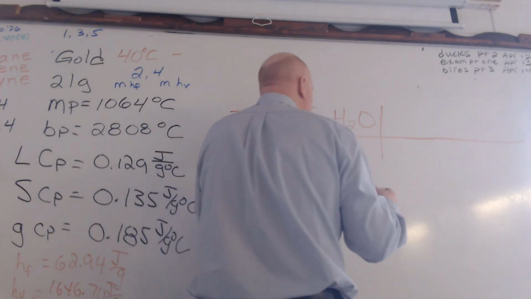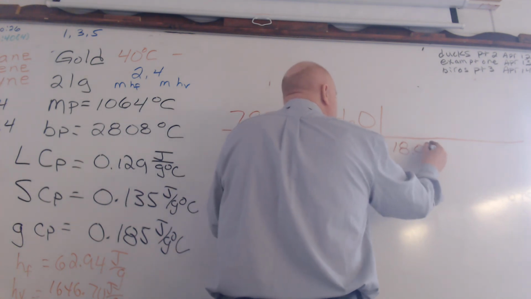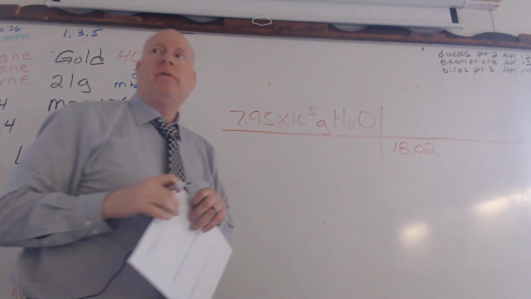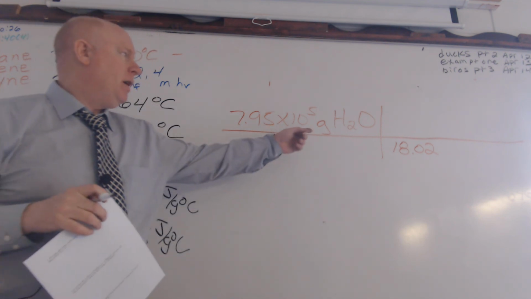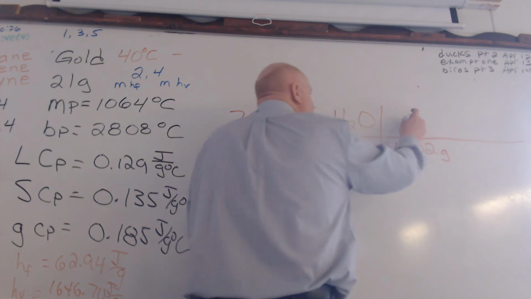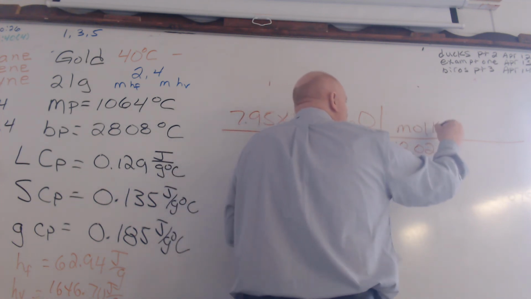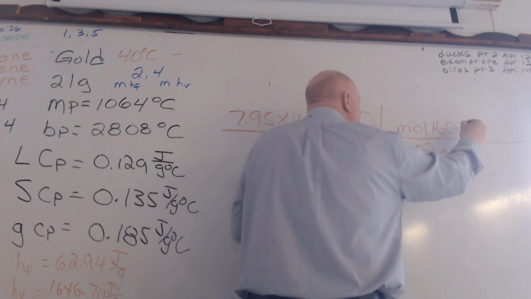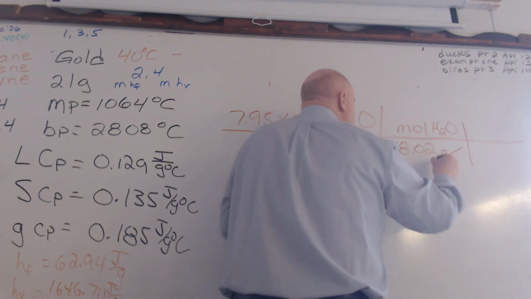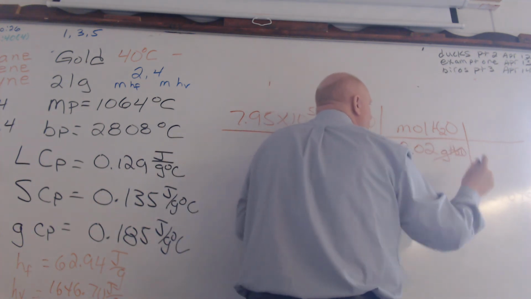So for 18.02, where do you suppose that came from? That's the mass of water, okay? And then what would go up on top? That'd be your mole of water, okay? So this gram canceled out that one. Actually, I should have put H2O there.